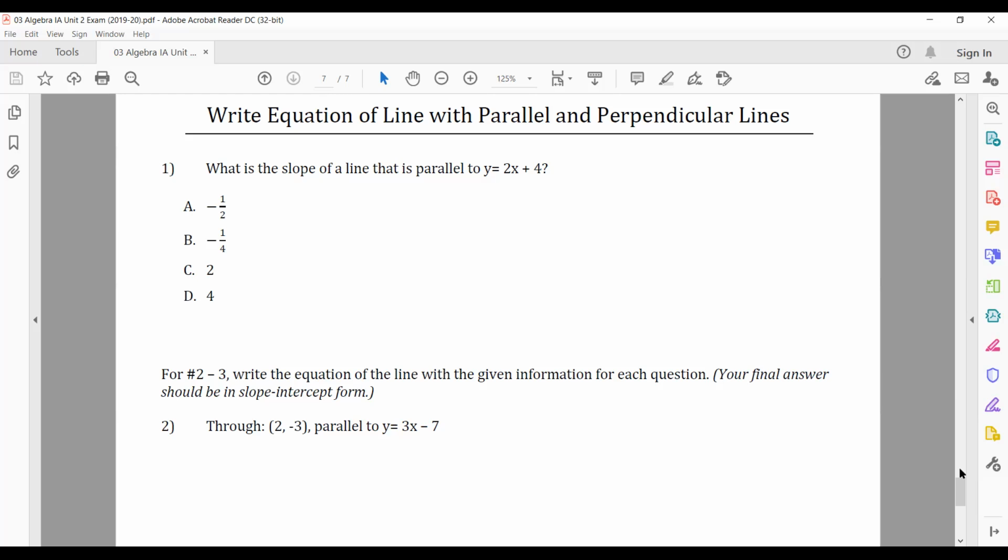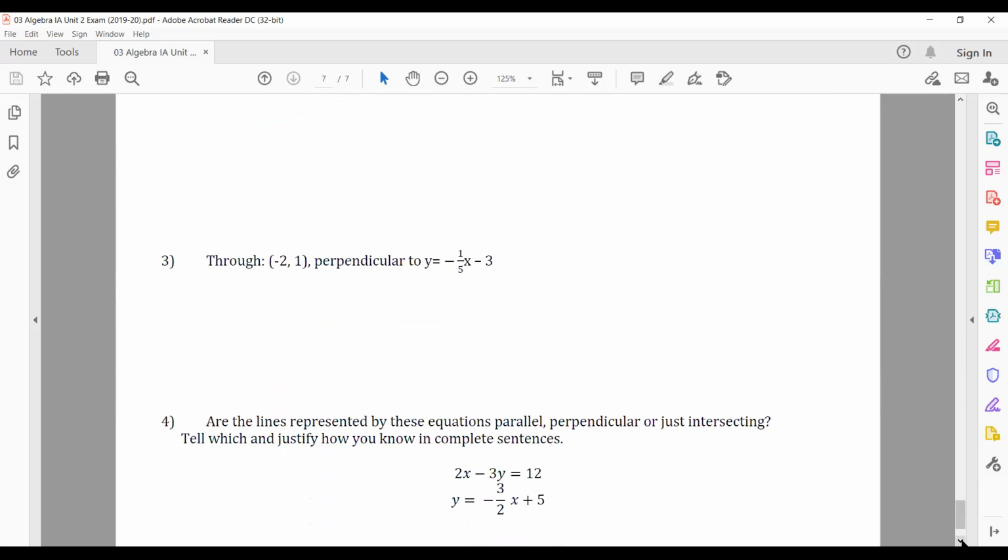Any line that's parallel to that one's going to have a slope of 2. So if you got to write an equation like in the second problem, we're going to borrow the slope from parallel. And then for 3, we got to use the other rule for perpendicular. Negative reciprocal. 90-degree angle. Crossing like a T. Negative reciprocal. So you flip that slope over, turn it upside down, and change the sign.